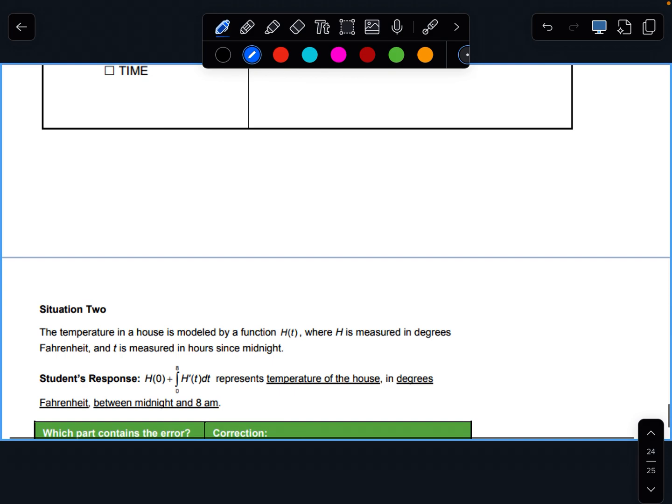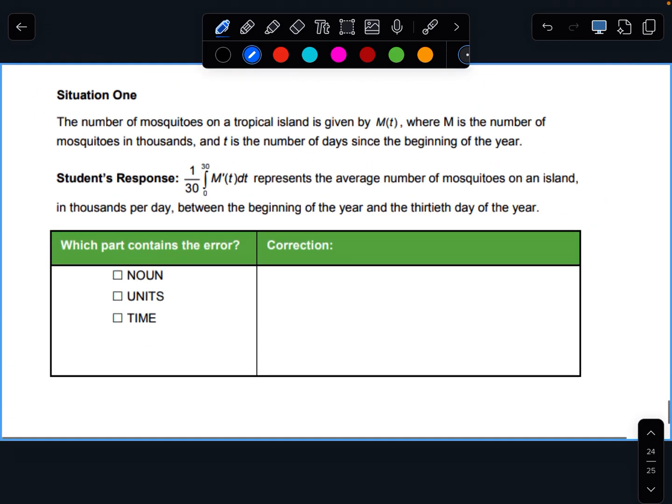Maybe I'll do one more, mosquitoes, and then you guys will do these other ones. This one is the number of mosquitoes on a tropical island, where M is the number of mosquitoes in thousands and T is the number of days since the beginning of the year. So you have 1 over 30 of the integral, which represents the average number of mosquitoes on the island.